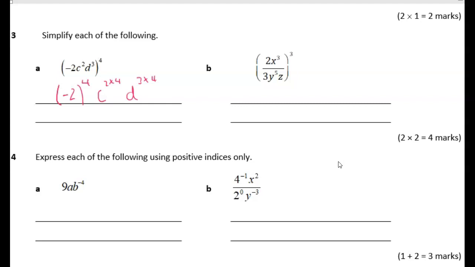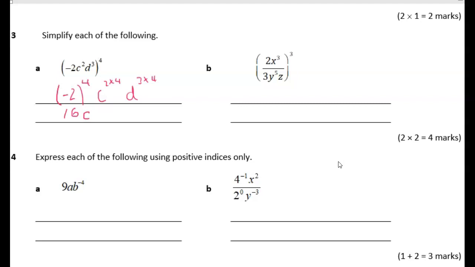So a negative number to an even power will always give you a positive number, and a negative number to an odd power will give you a negative number. So -2 to the power of 4 is 16. Okay, so -2 times -2 is 4, times -2 is -8, times -2 is positive 16.